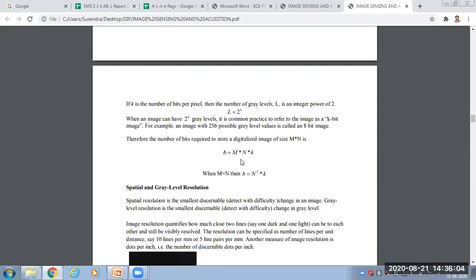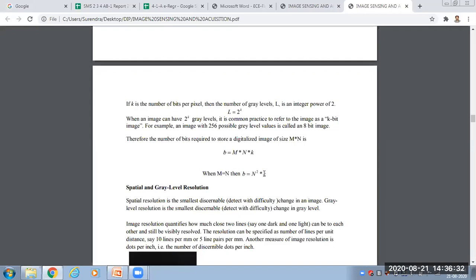Okay. Next. Therefore, the total number of bits required to store a digital image of m into n is b equals m into n into k. So m into k for columns, n into k for rows. However, if you take m equals n, that means the number of rows equals the number of columns, then your number of bits equals n square into k.